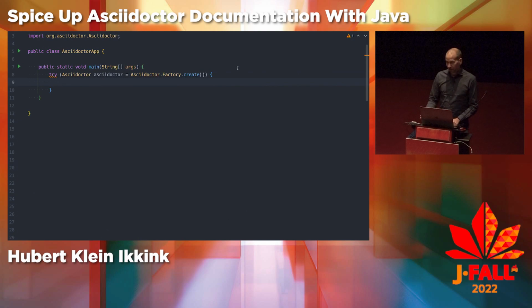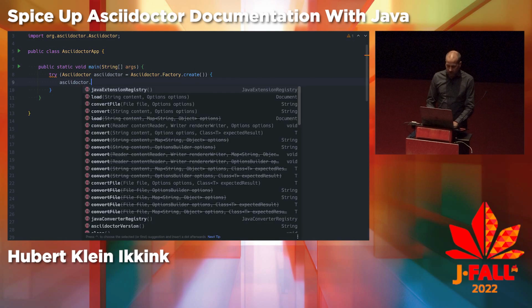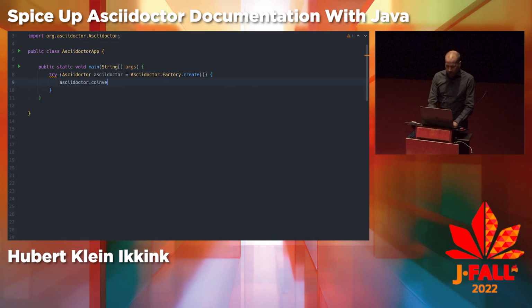And because it's also auto-closable, I put it in a try block, so it's automatically closed at the end. But the Asciidoctor instance I have now already provides me with a lot of options and methods to also convert documentation. So for example, what we saw in the command line, where we just say Asciidoctor J followed by the file name of the thing we want to convert, we can also just use Java methods for that as well.